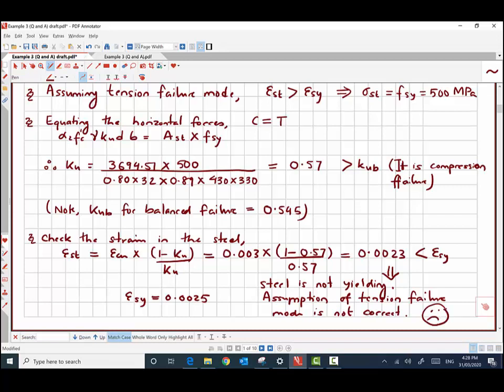So the assumption that we started with, that the tension failure occurs, is not correct for this particular example. So we have to redo this question again.